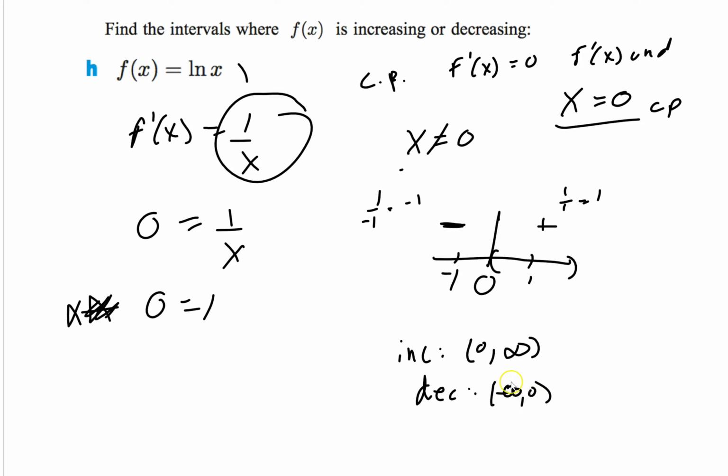That's the idea. Take the derivative, set equal to 0, and find the zeros and undefined points. This actually didn't have a 0, but it did have undefined at 0. So then from there, just pick test points, plug them in, and see if it's positive or negative.